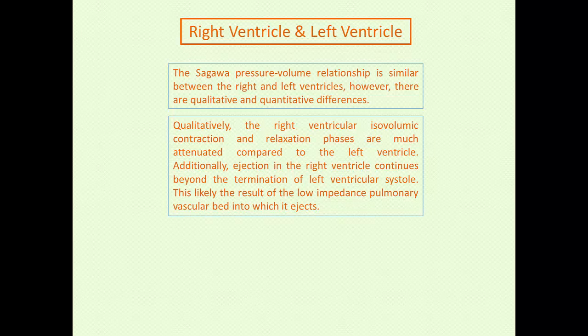And I'll show you the cartoon of what that looks like in the next slide, but this is probably the reason that the right ventricle takes on this curve: the afterload of the RV is much lower than the systemic bed. The pulmonary vascular bed is very compliant, very recruitable, very distensible, has a lower resistance.